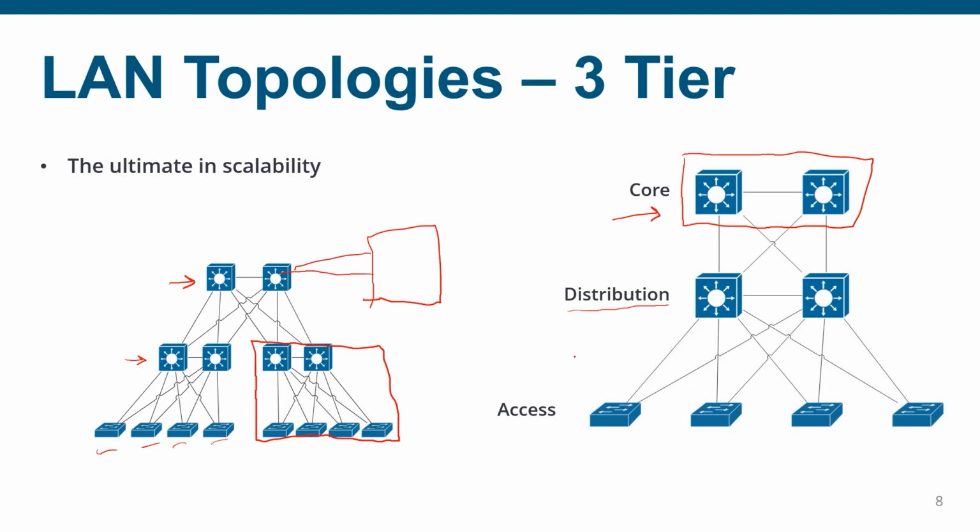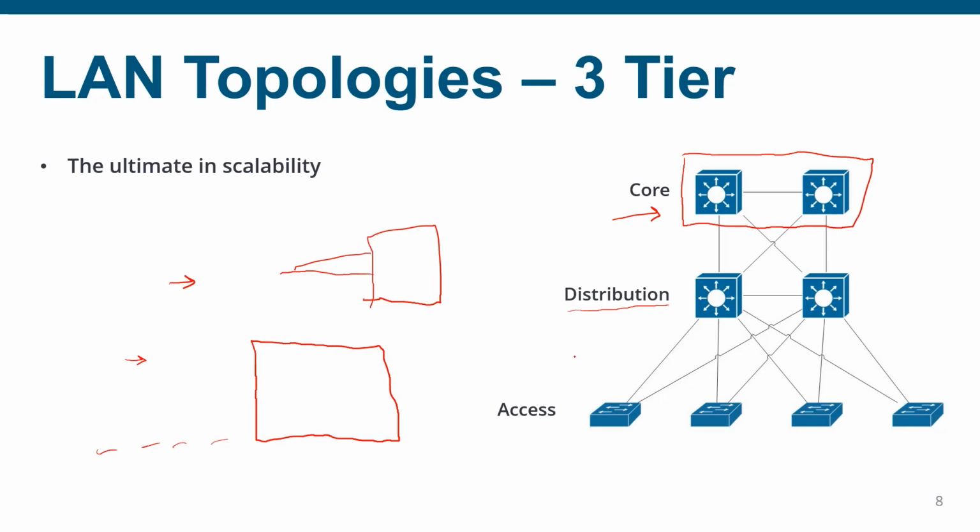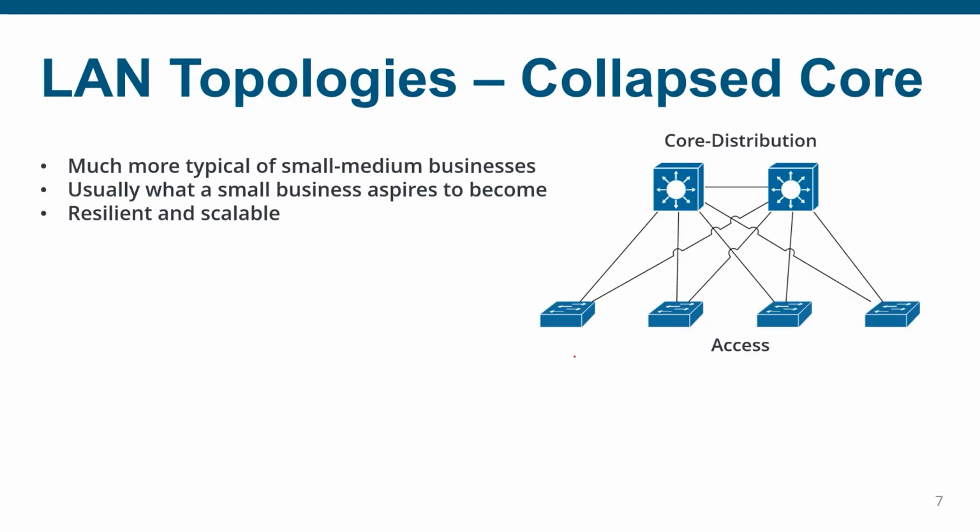You've just added another building onto your enterprise campus, and it is a very resilient, very scalable kind of topology. This is usually what you would find in a very large business. This is really just overkill for anything that is less than perhaps about 50 switches or so, because at that point you could just use a two-tier design and not have to worry about having dedicated core switches.